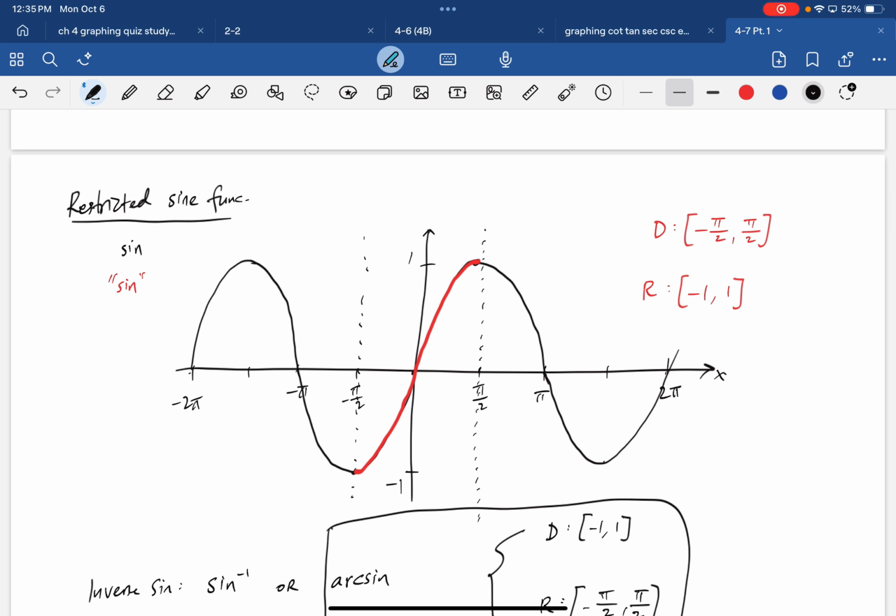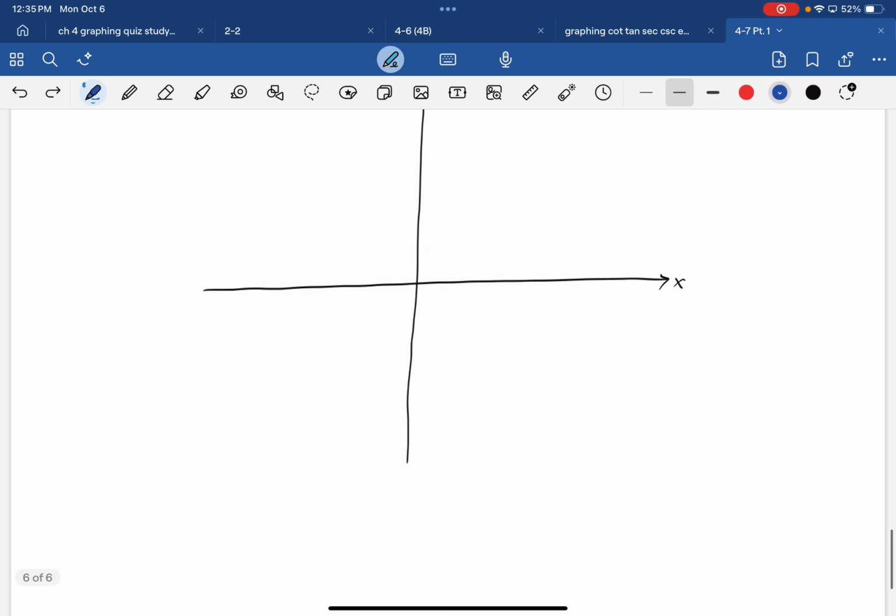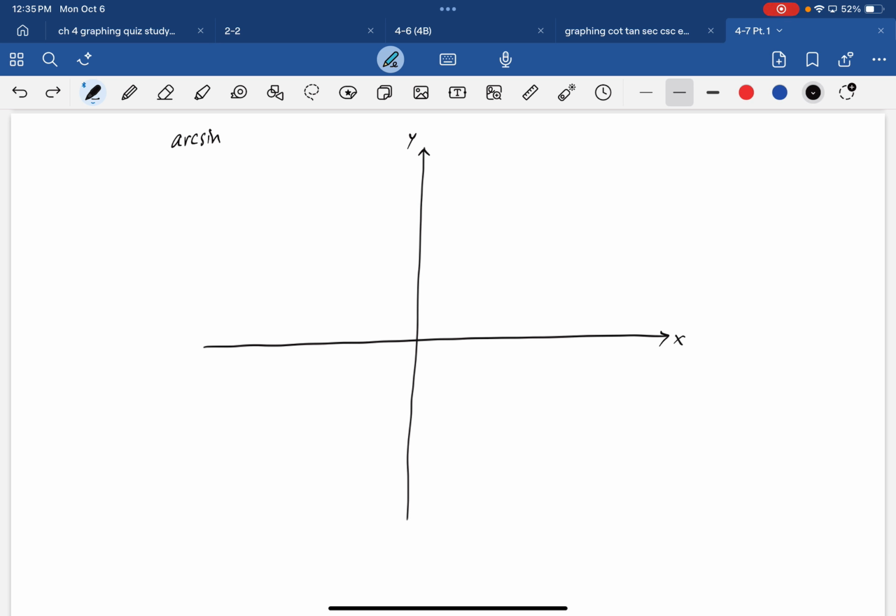Where would y equals x be? y equals x in this diagram kind of looks like this, right? So we're just going to reflect the line across that line. It doesn't look like slope 1 because the axes are not to scale, right? And that reflection will look like this.